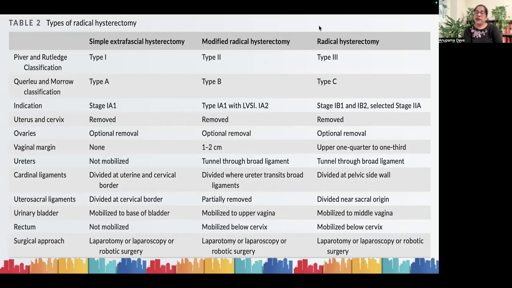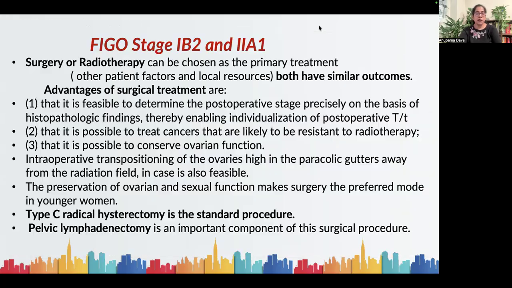Cardinal ligaments are divided at the pelvic side wall. Uterosacral ligaments are divided near the sacral origin. So a majority portion of parametrial tissue or broad ligament is removed. Rectum is mobilized below the cervix, and the surgical approach remains the same. So these are the various types of hysterectomies which can be done in early stages.